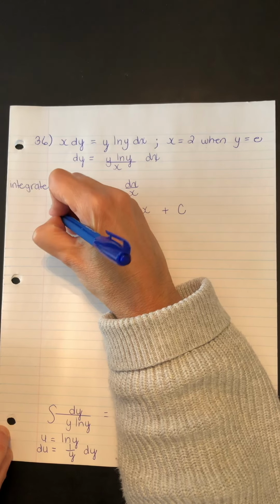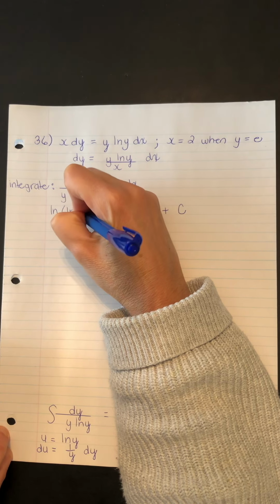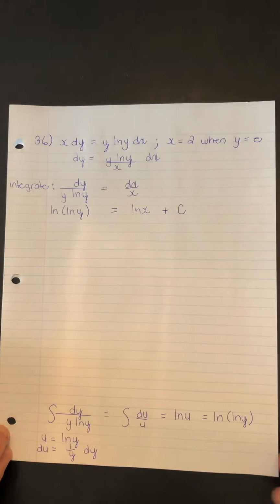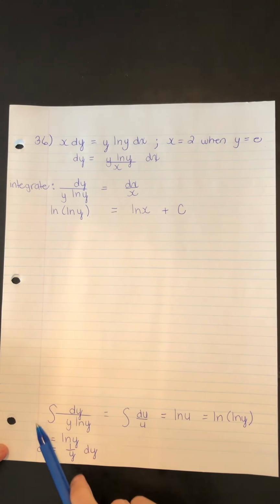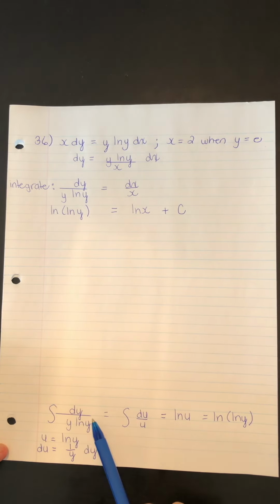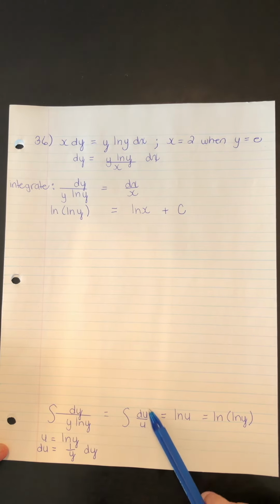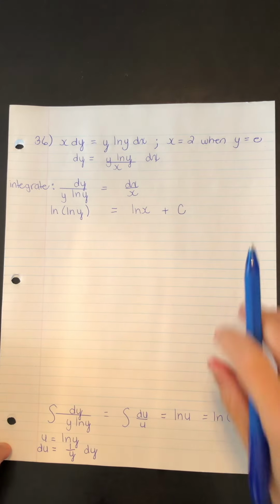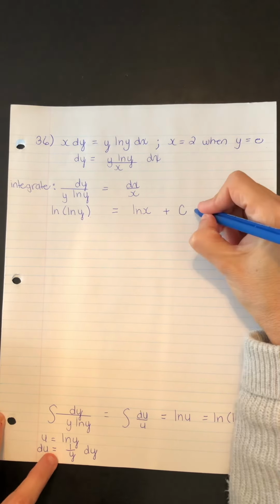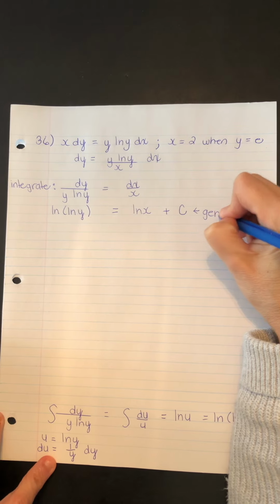So the left side is the ln of y. Okay, so that's kind of a tricky one there, but again, this is what we called u, and this dy over y is exactly du. So this is how the integral is determined. Okay, so this right here, this is the general solution.